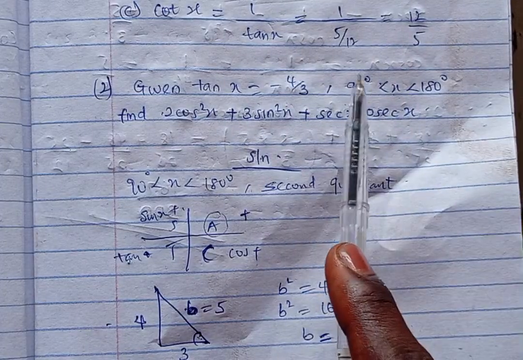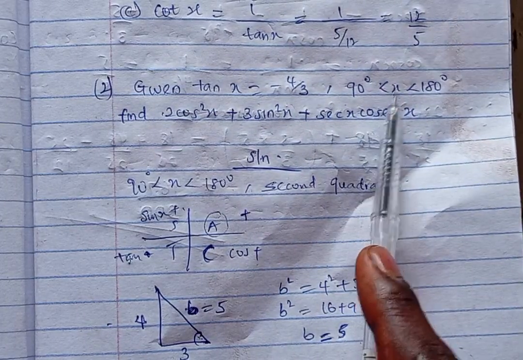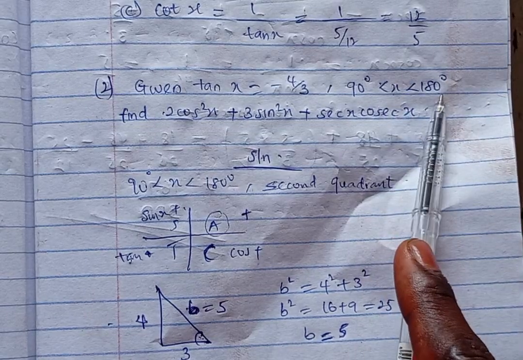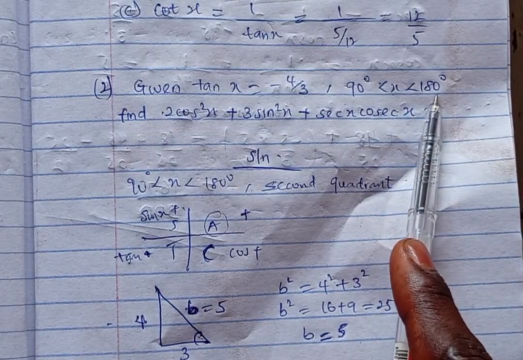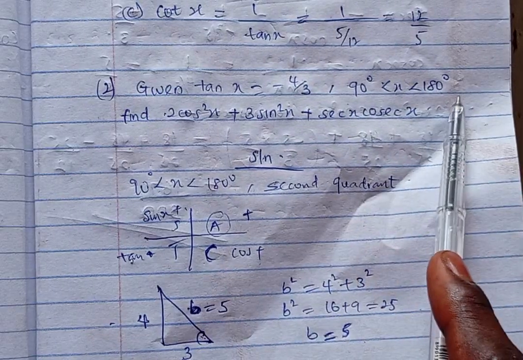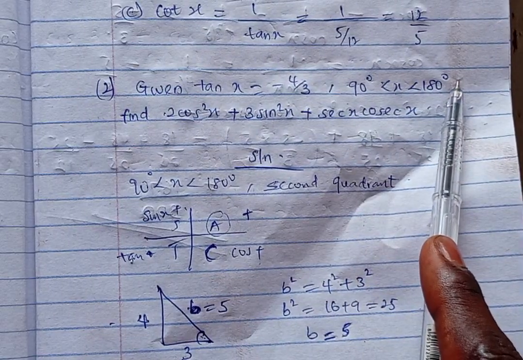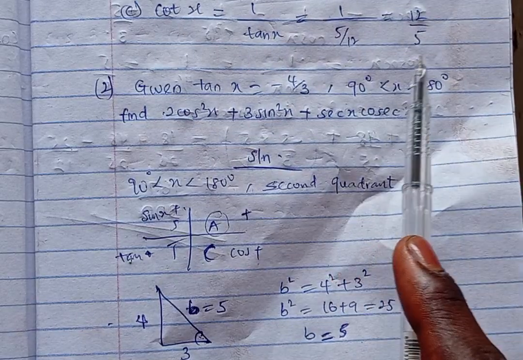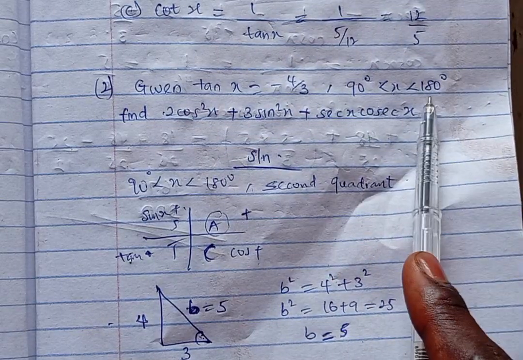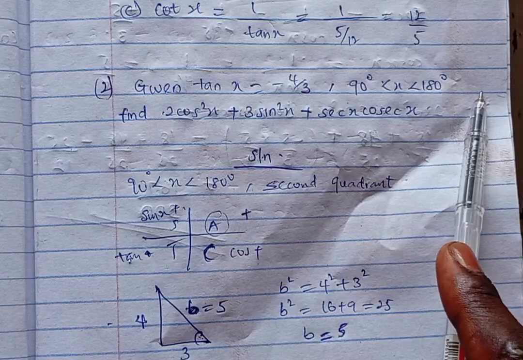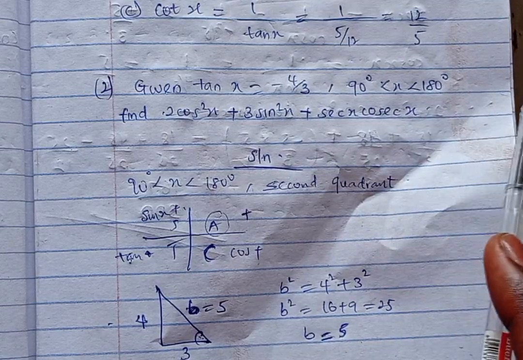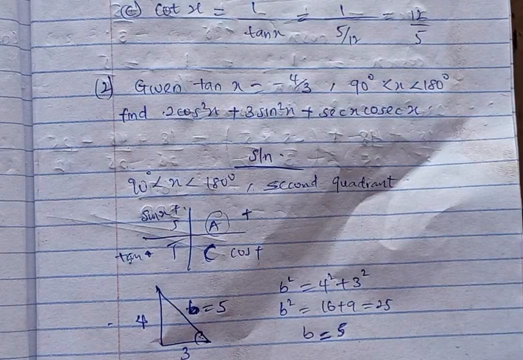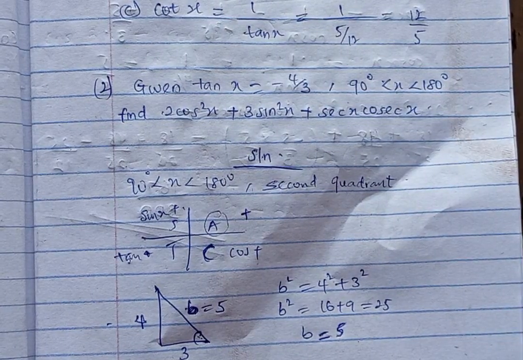But this one, 90 is less than x, it means x is greater than 90, and x is less than 180. It's not up to 180, so it means it is in the second quadrant. Hope you get what I'm saying. So that's it. And the third quadrant will be 180 is less than x and x is less than 270. Okay, yes, that's good. That one is the third quadrant. Okay, so that's the solution for this question.